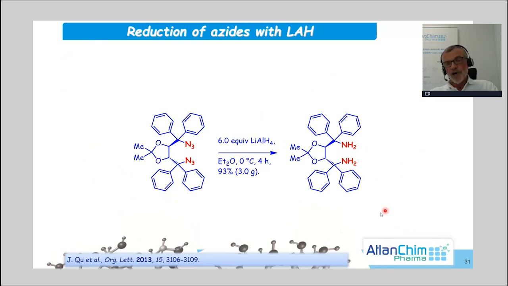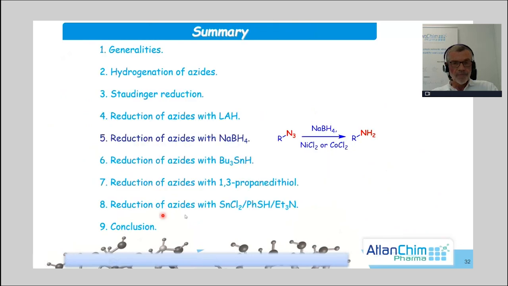In the context of the preparation of chiral ligands, reduction of this diazide with an excess of LAH afforded the desired diamine here in excellent yield on 3-gram scale. There are many reports in the literature concerning efficient methodologies to reduce azides by sodium borohydride in the presence of various salts.